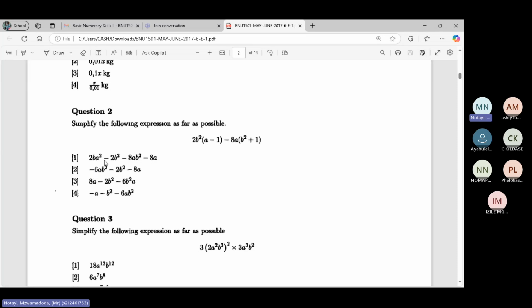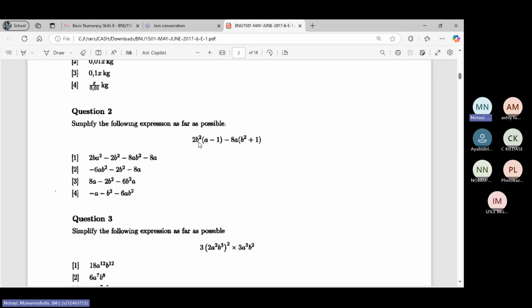The first one is out because there's nothing that has a 6ab squared, and I don't have anything with an a squared in that expression.